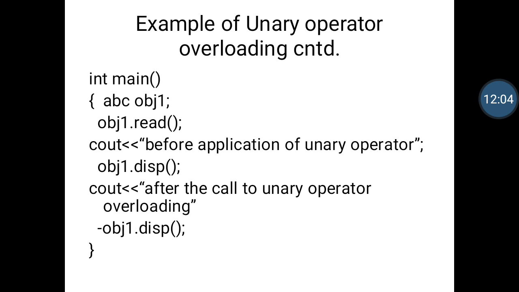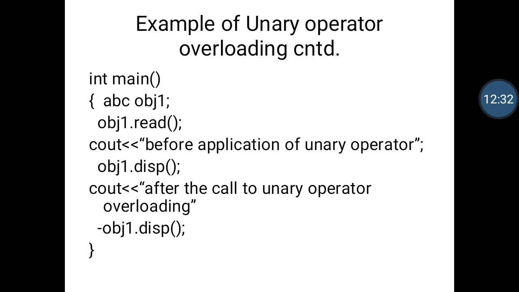So the output of obj1.display will be A is equal to 10 and B is equal to 20. Then I am calling the operator overloading function, which will be called in a much easier manner. We just use the operator which we are overloading. Here I am using the unary operator, so minus obj1, then obj1.display.